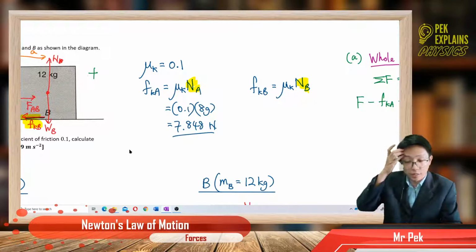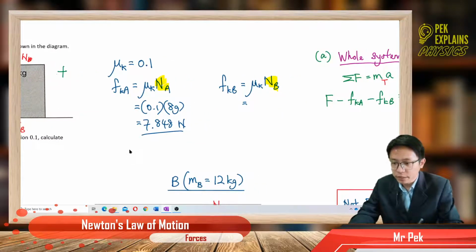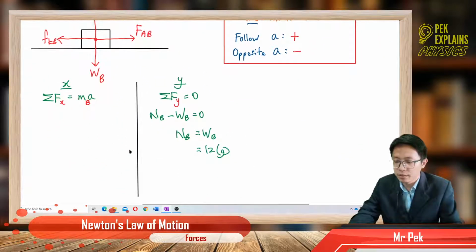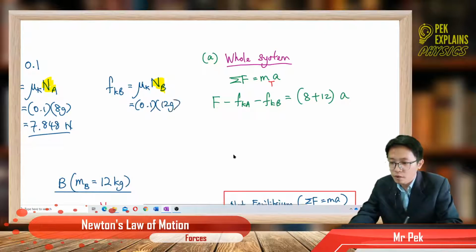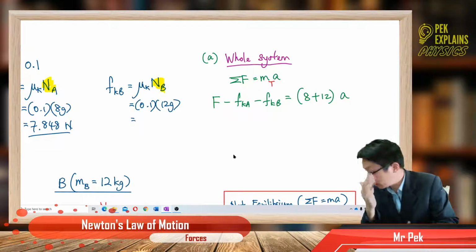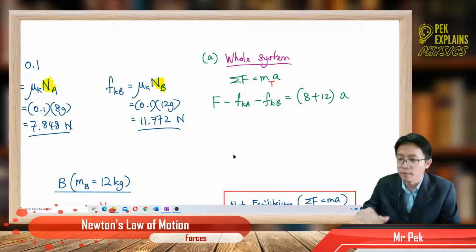That's the friction for A. Now, how about the friction for B? Also 0.1 times the normal force for B, which is 12G. So we will get 11.772 Newton. Yes, that's our friction for B.